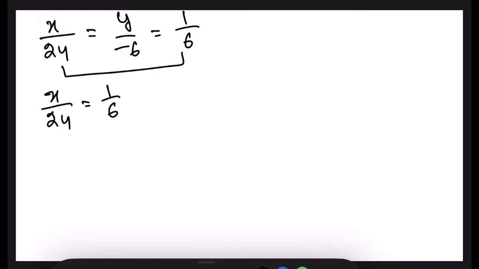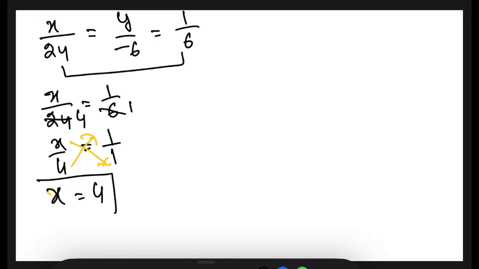Now 6 ones are 6, 6 fours are 24, so x upon 4 equals 1 upon 1. Now let's cross multiply. x equals 4. This is our answer.